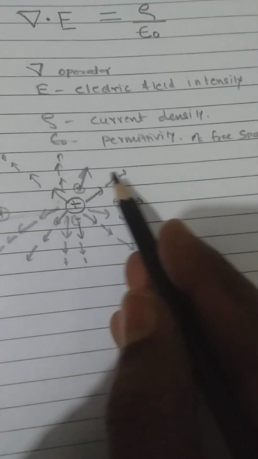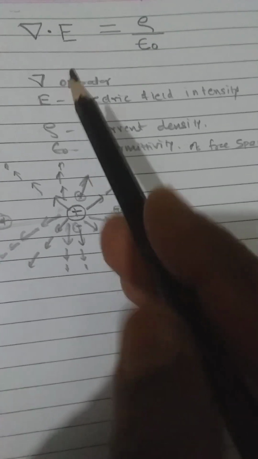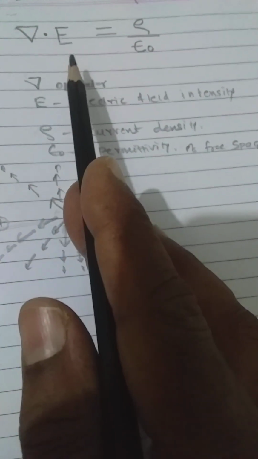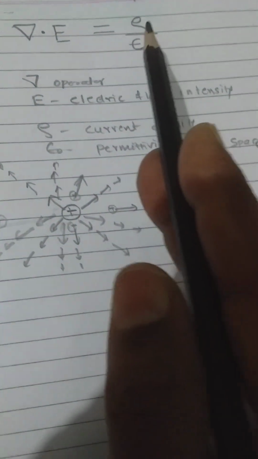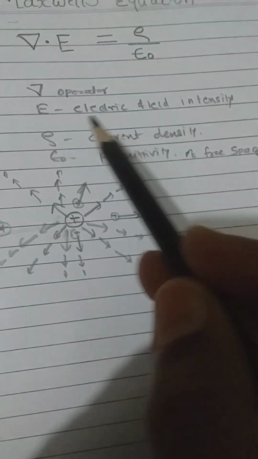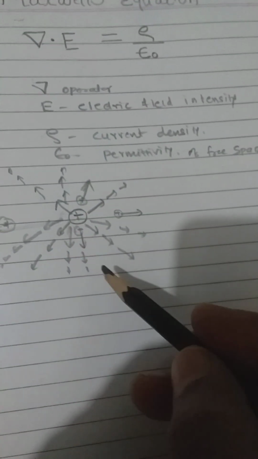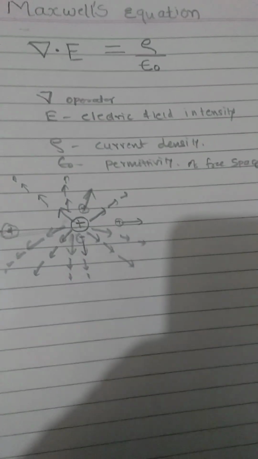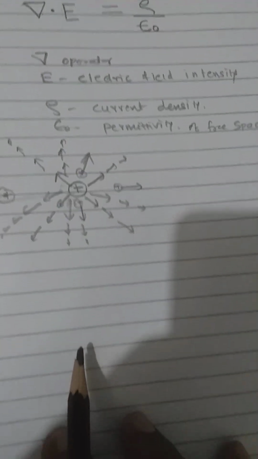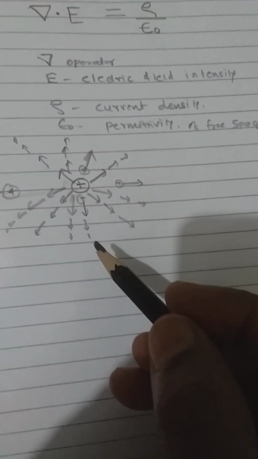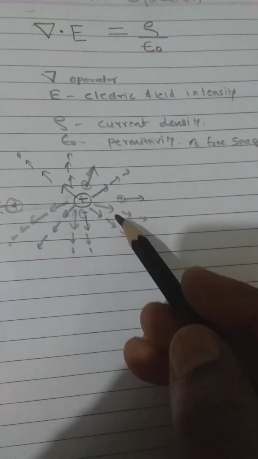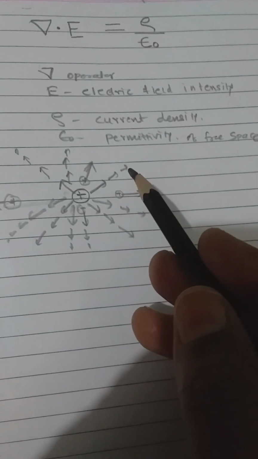So the electric field is spreading out, and what the divergence of electric field gives you, it gives you the electric flux density. Divergence shows whether the field is spreading in or spreading out.